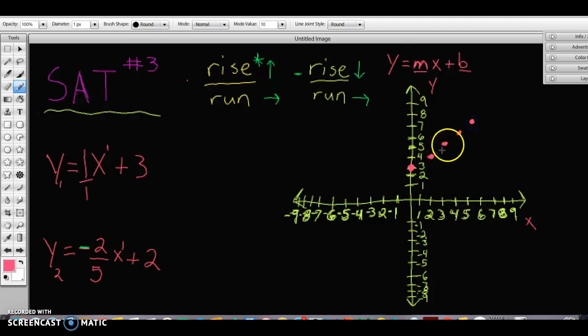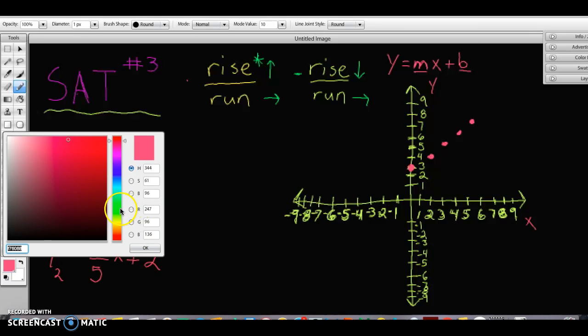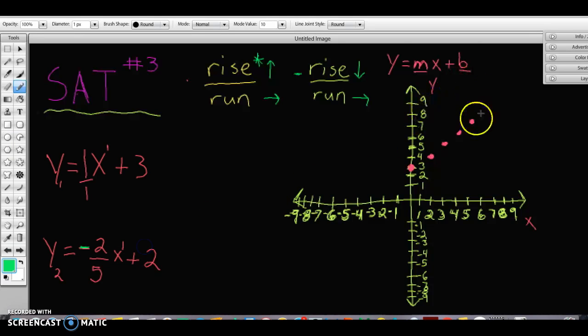Okay, and as you can see, we have a line here, so we can go ahead and connect the dots. We're going to get a nice line. Okay, all right, so that is for y1.